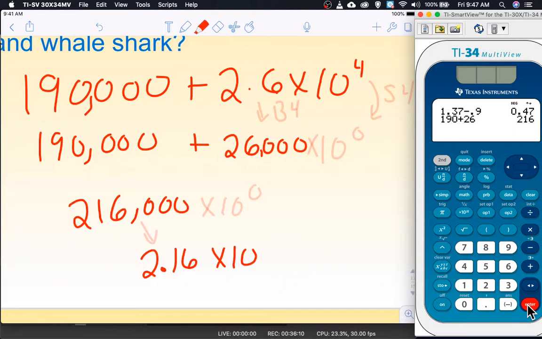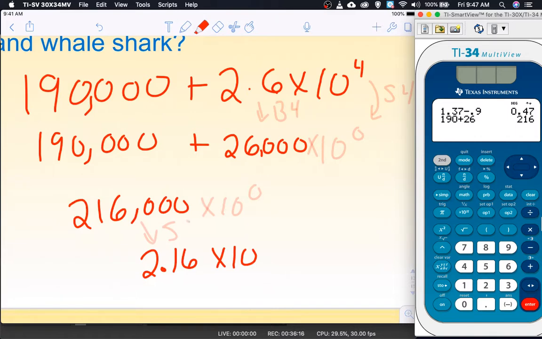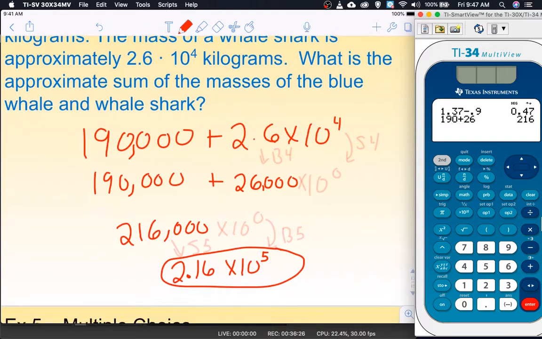My decimal piece is getting smaller by 1, 2, 3, 4, 5 decimal places. So my exponent gets bigger by 5 places. And that would be in kilograms, our unit there.